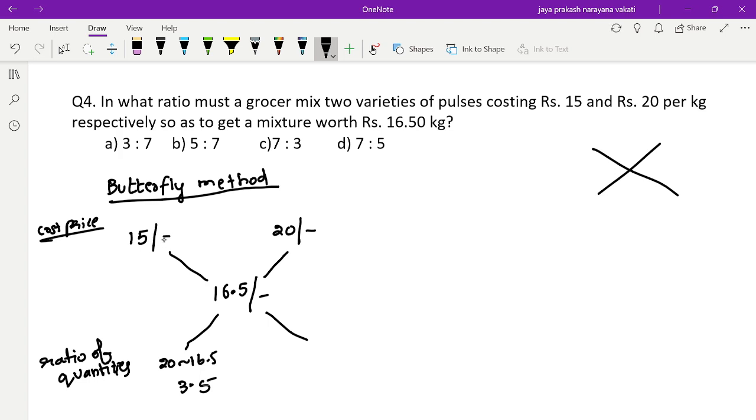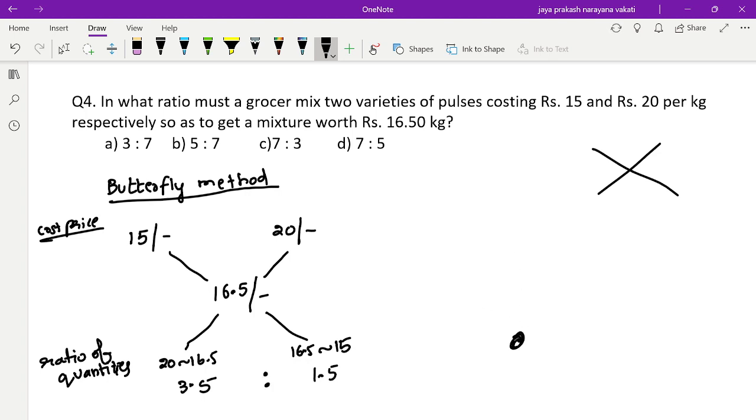So 15 rupees and 16.5 difference. So it is 16.5 minus 15, which is 1.5. This is the ratio which you are going to get.